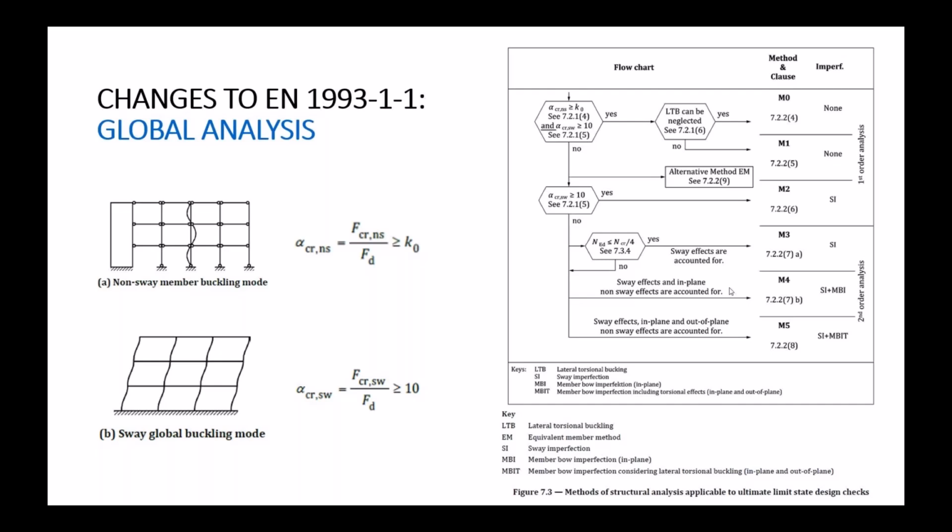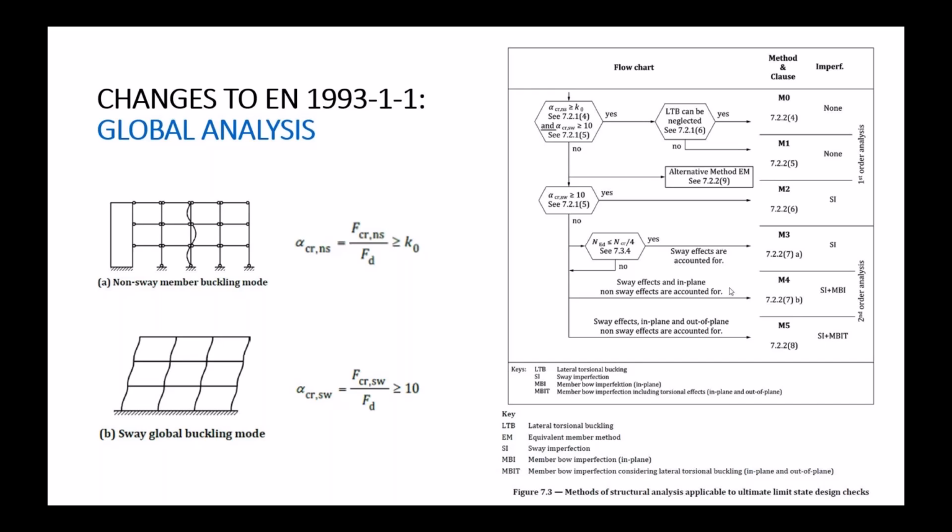and then arrive into a method 0, method 1, method 2, method 3, method 4, method 5, and then there is a link to the chapter on how to deal with this method, as well as written which imperfections you should use, whether it's a sway imperfection, a member bow imperfection, or a member bow imperfection including torsional effects, and then if you are running a first order or a second order analysis.